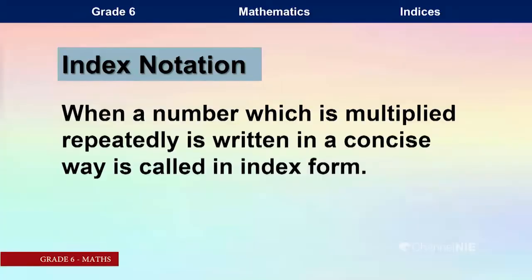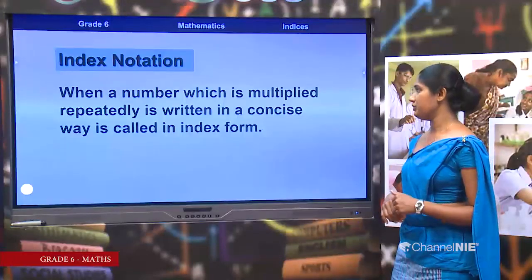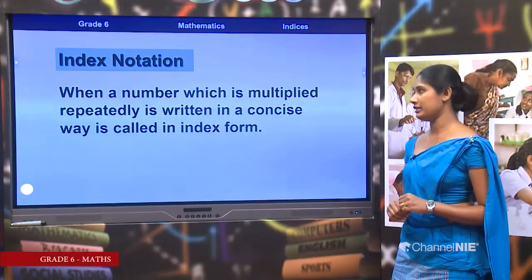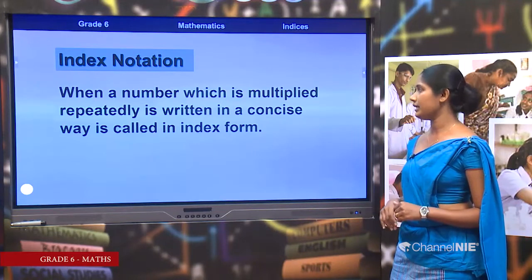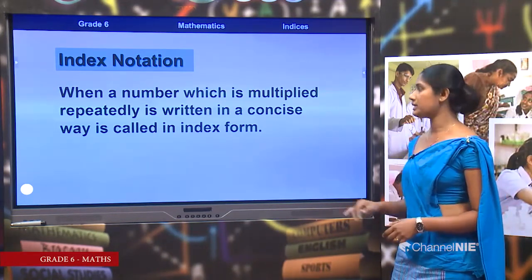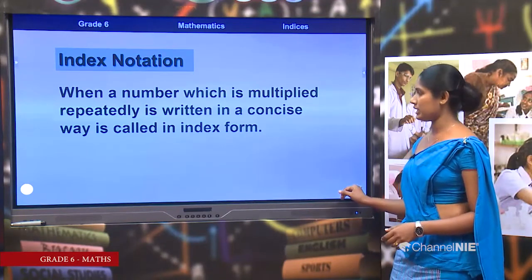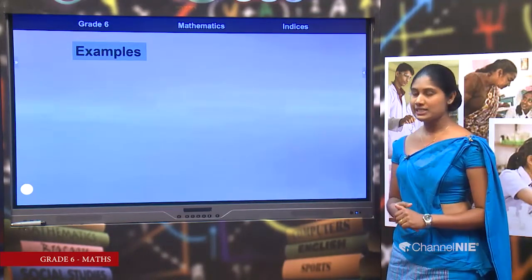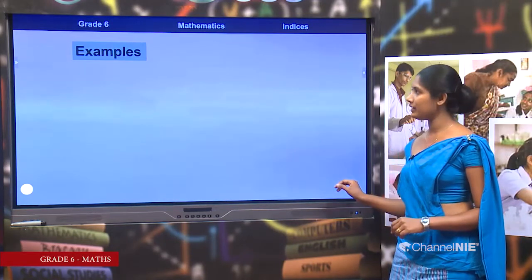When a number which is multiplied repeatedly, like my little till, is written in a concise way, it is called index form or index notation. Okay, let's see some examples here.